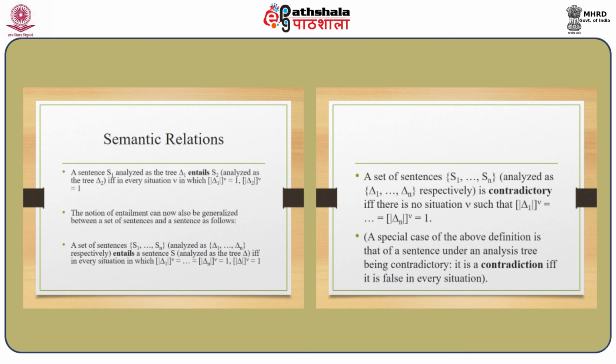So once we have this, remember we started by noting that a semantic theory must be able to say something about the basic semantic relationships that we want to explain. One of the semantic relationships we talked about is the notion of semantic entailment.